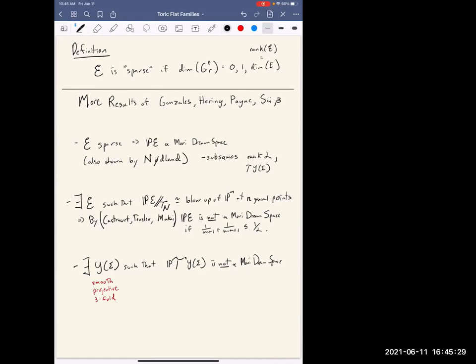By a famous result of Castravet, Tevelev, and also Mukai, that means that this projectivization is not a Mori dream space if certain numerical conditions hold, related to their results on blowups of projective space.